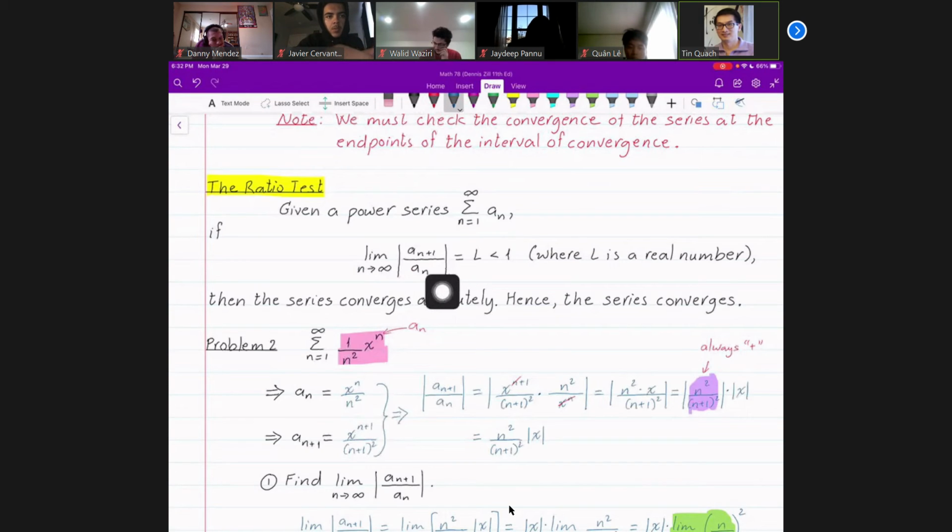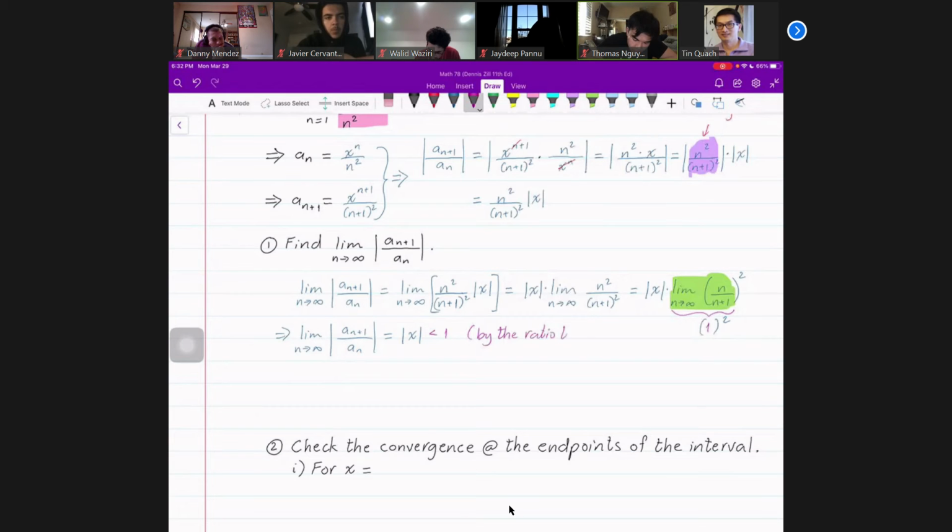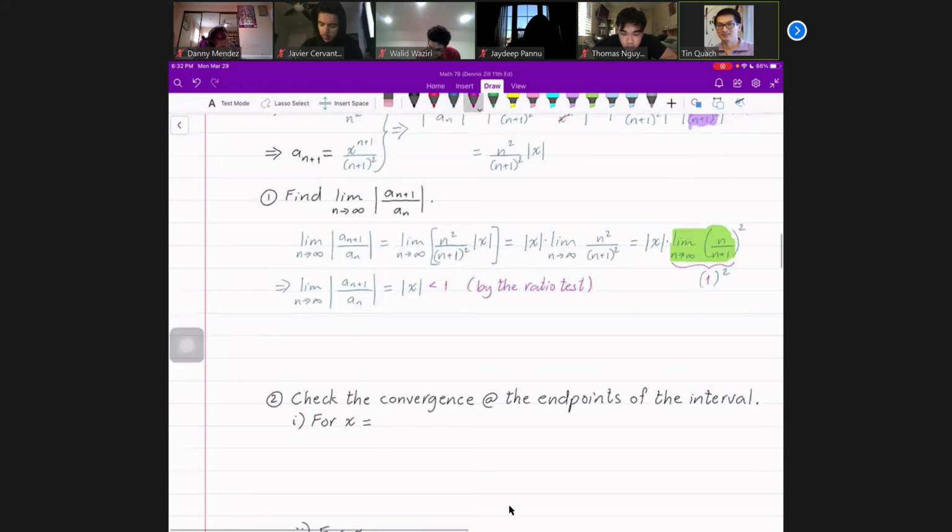Less than 1. It has to be less than 1. This has to be less than 1. Okay, you make a note. If you want the series to converge, so in order for the series to converge, the absolute value of x has to be less than 1.